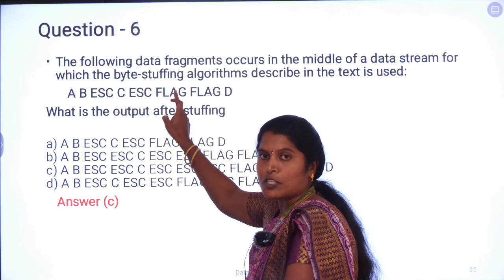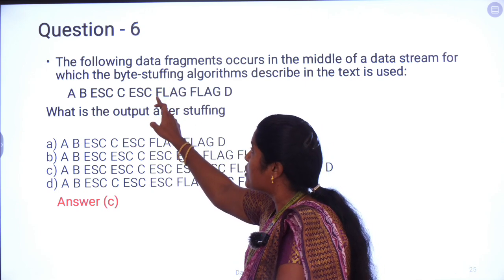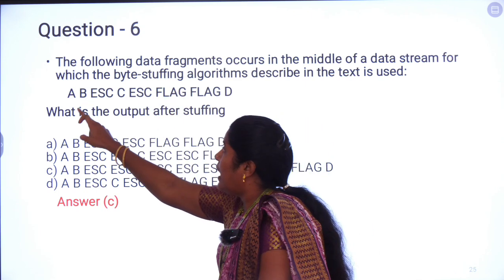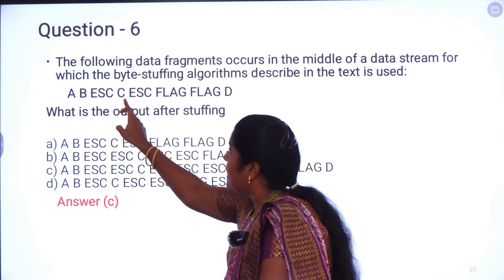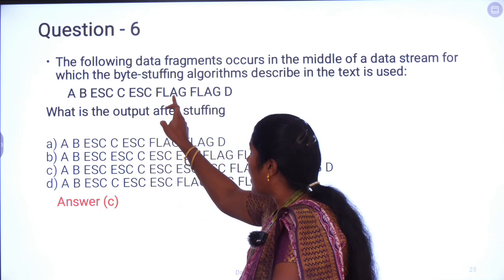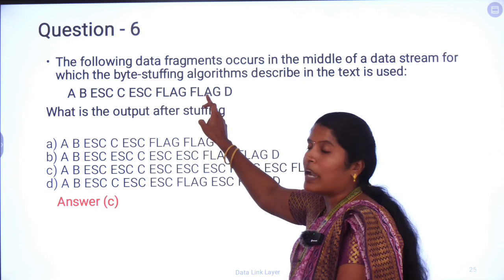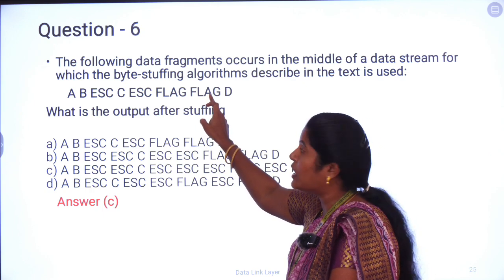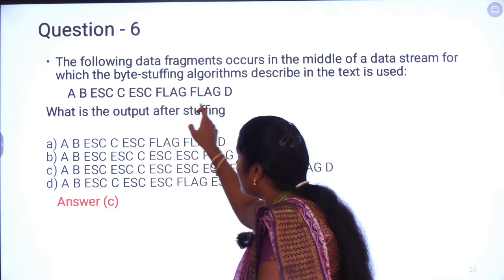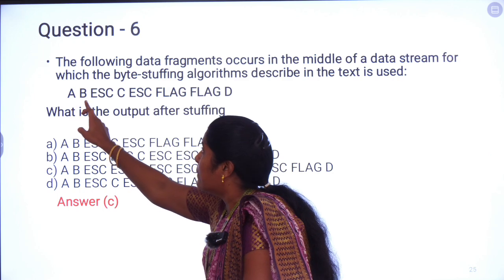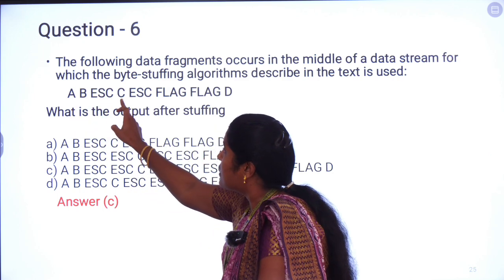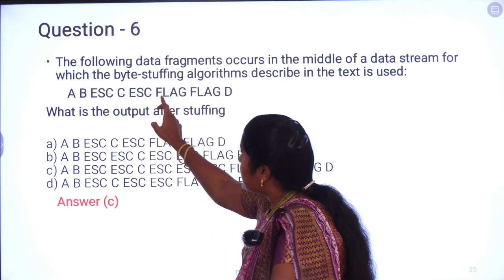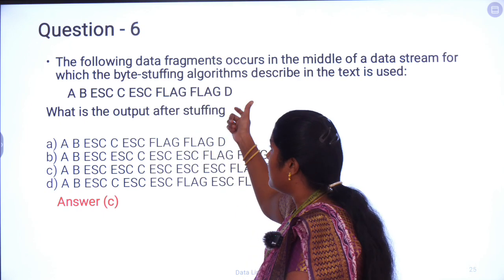Again, this flag is a special pattern before which we have to include an escape character. So the message becomes A, B, escape, escape, C, escape, escape, escape, flag, D.